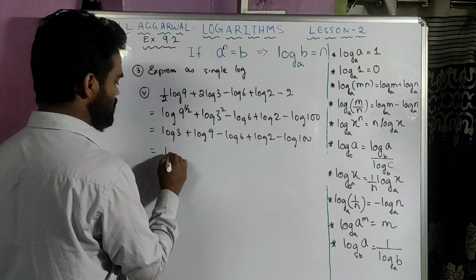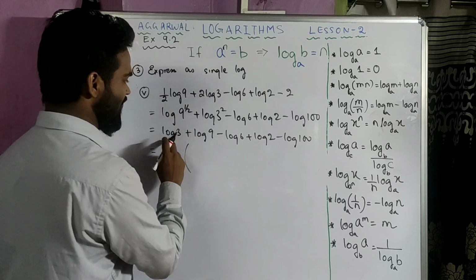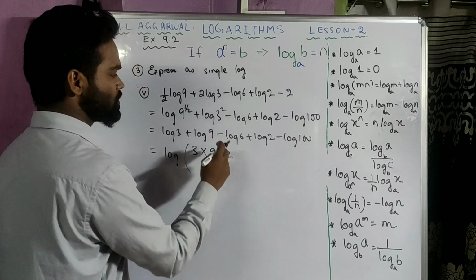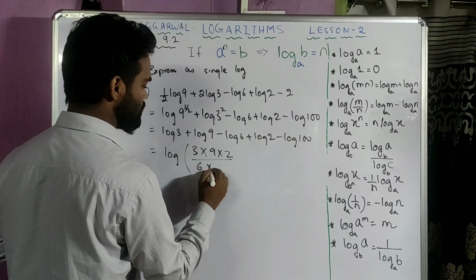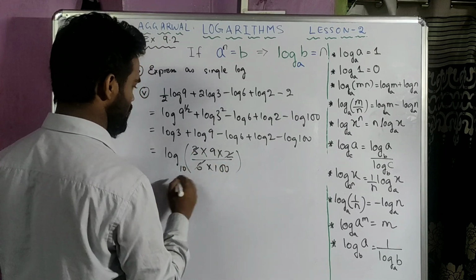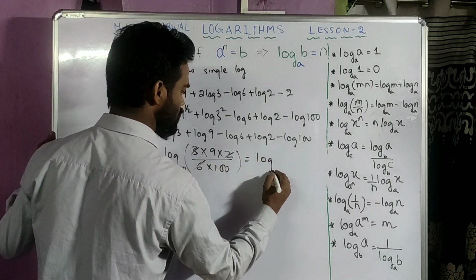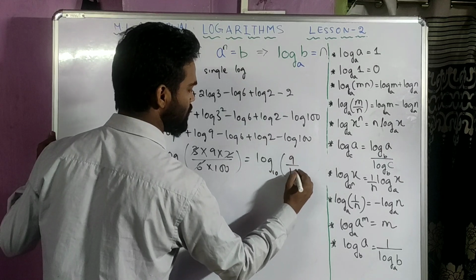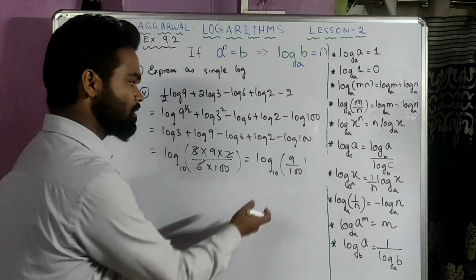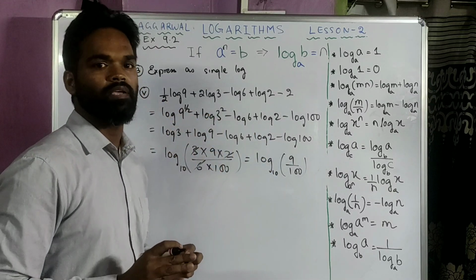Similarly, we'll express it in a single log. How? The ones which are added get multiplied and the ones which are subtracted get divided. The base is 10. So that's log base 10, 9 by 100. We can find the value of this if the log table is given. Okay. Till now you can leave the answer here only.